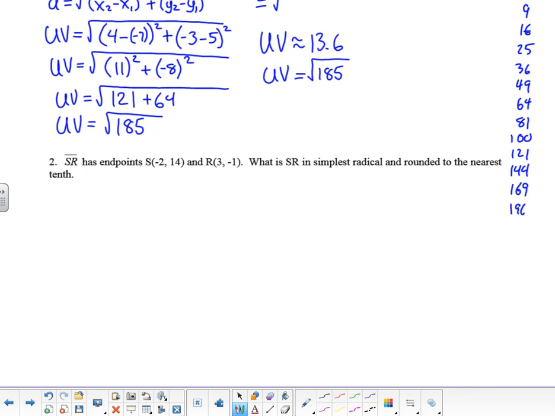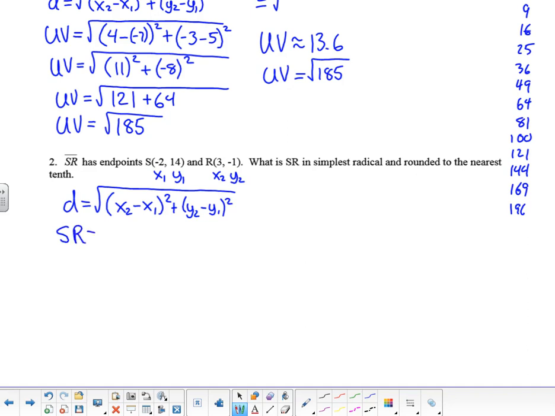SR has those endpoints. What is SR in simplest radical form and rounded to the nearest tenth? We start off by labeling x sub 1, y sub 1, x sub 2, y sub 2. I'm going to write the formula, just to get this repetition: x2 minus x1 quantity squared plus y2 minus y1 quantity squared, take the square root. Now that's the general formula, but specifically for SR, we're going to plug in.